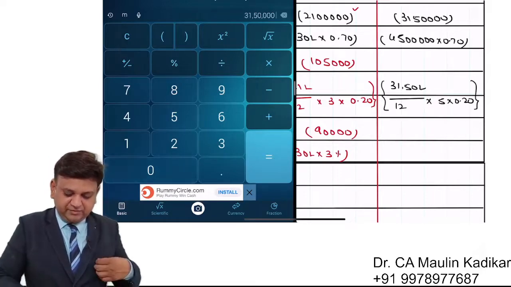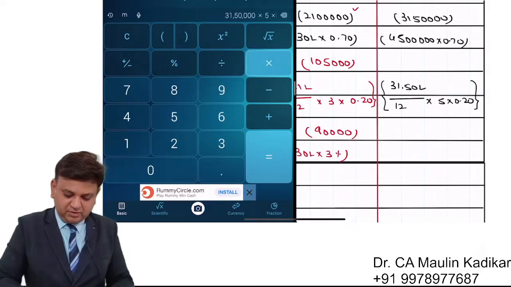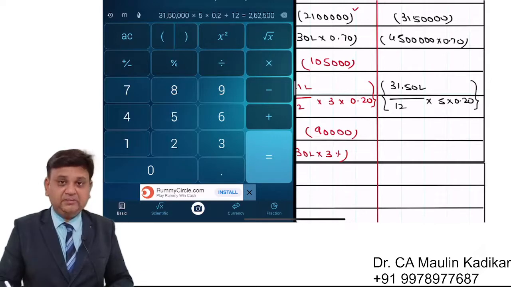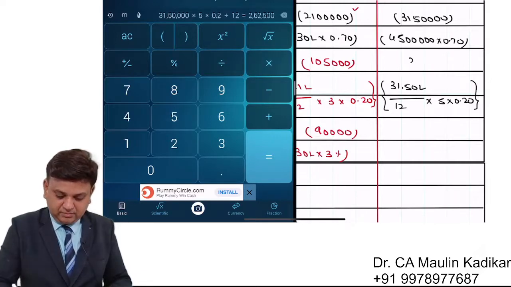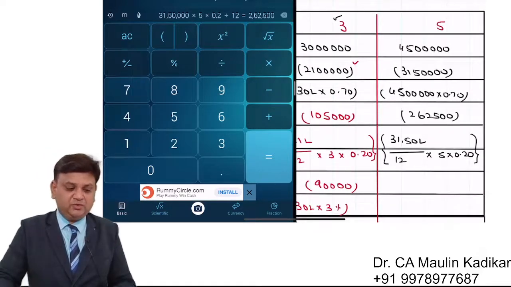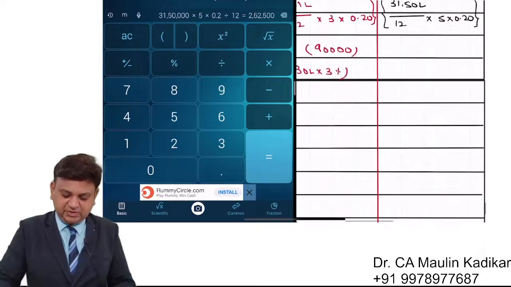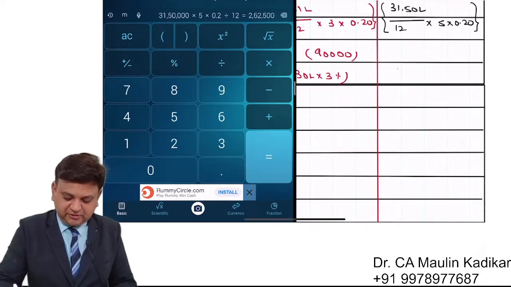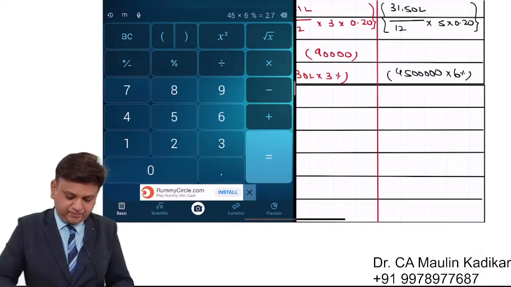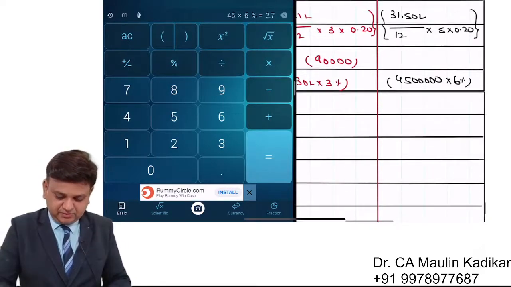So 31,50,000 into 5 into 0.2 divided by 12 comes to 2,62,500. Next is the loss on account of bad debts, which is provided as 6%. So it is 45 lakhs into 6%, that comes to 2,70,000.